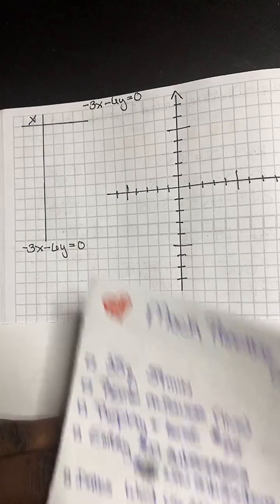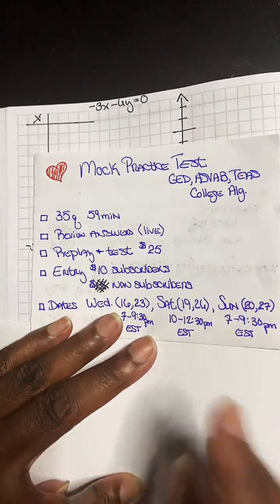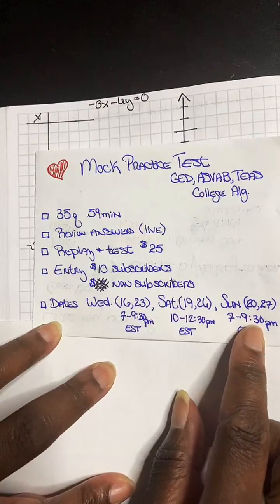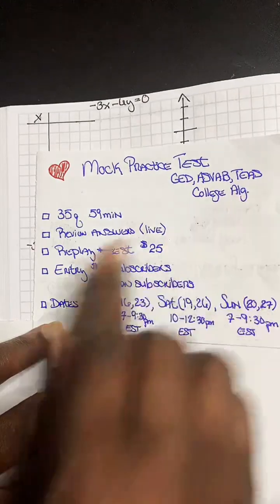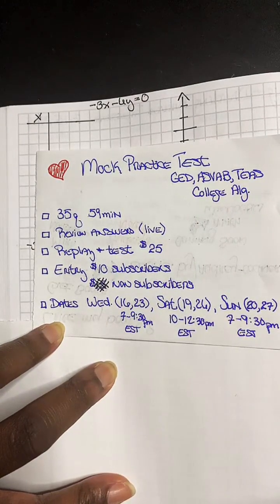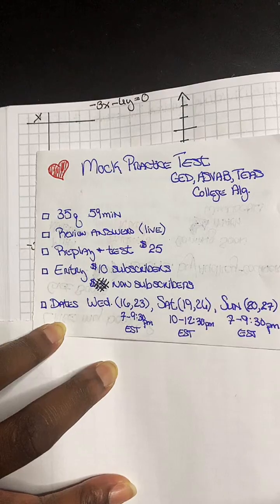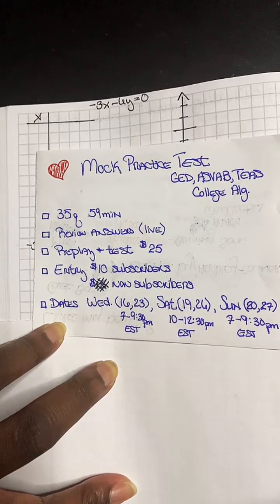If any of you are going to get your GED, your ASVAB, your TEAS test, your college algebra, and you would like to do a mock practice test, really dedicate yourself to sitting down on a Zoom call. You're going to be working on the practice test. It'll be 59 minutes, 35 questions in total. And then afterwards, I'm going to go over the test so you get a better idea of what areas you may need to work on a little bit more.